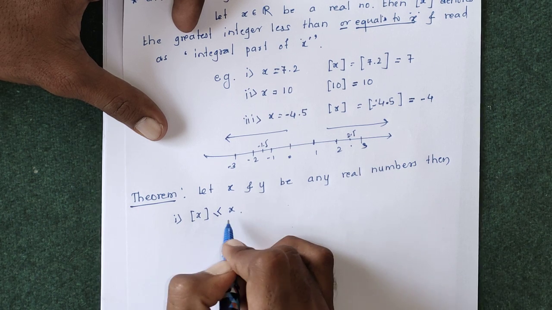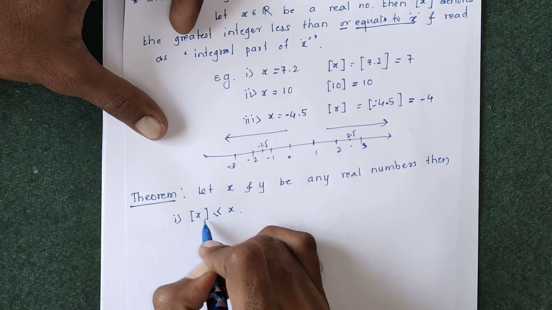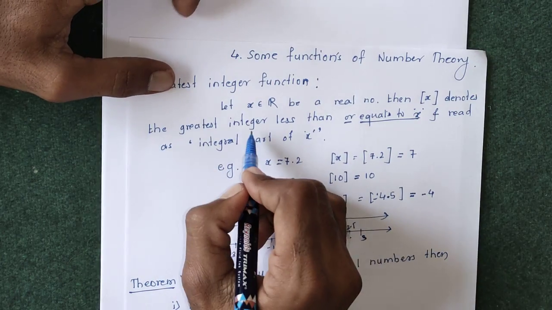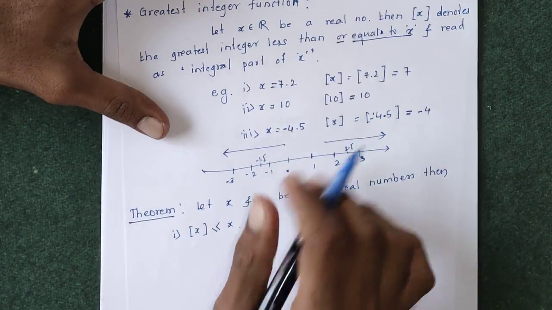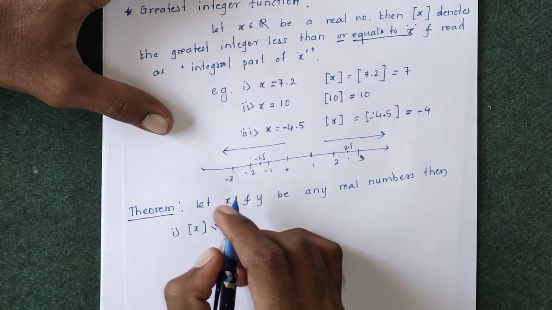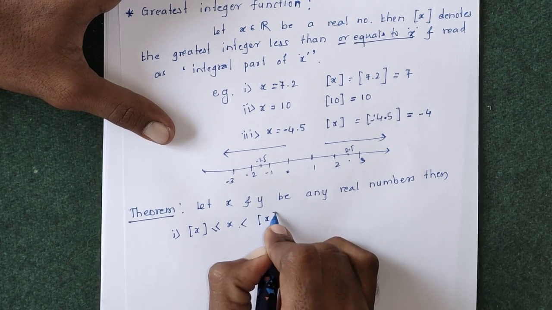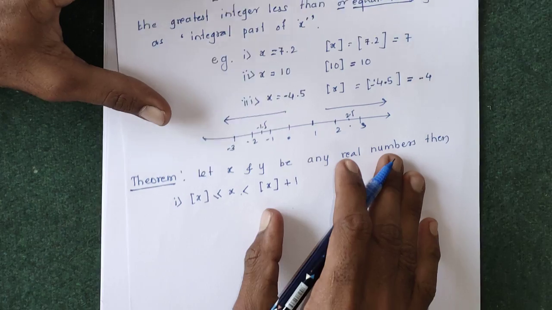This is just the definition, since the integral part of x is the greatest integer less than or equal to that number. It is strictly less than the integral part of x plus 1.